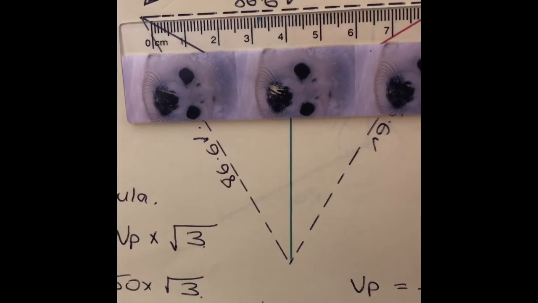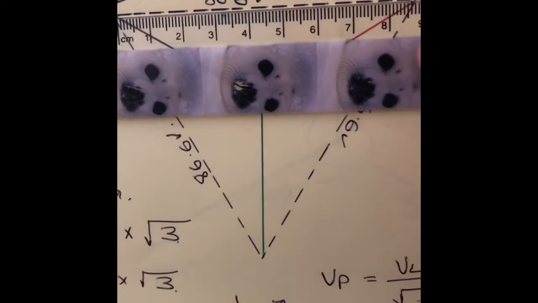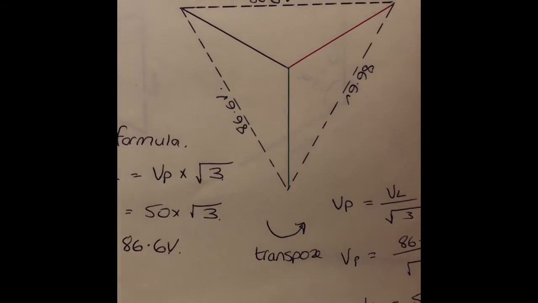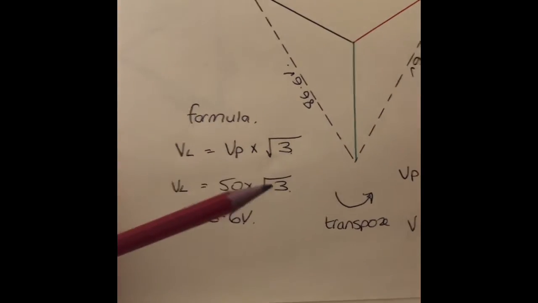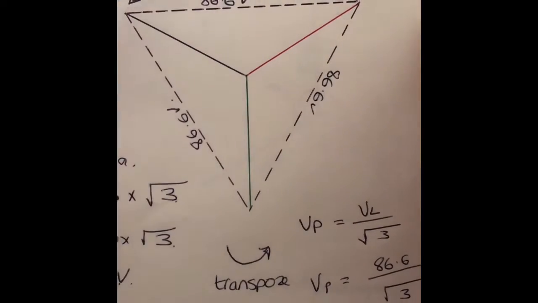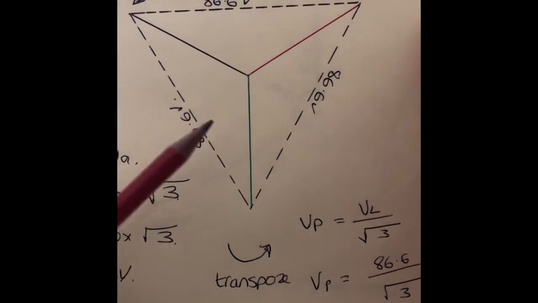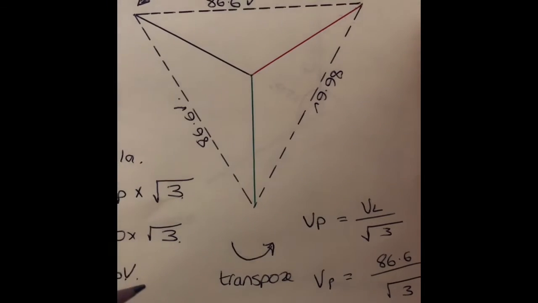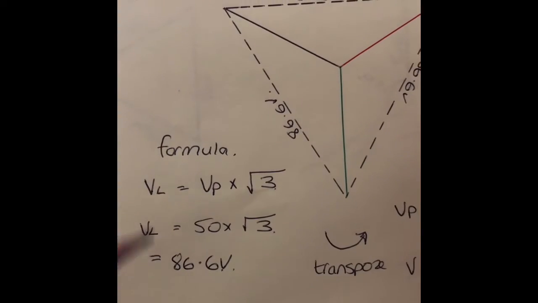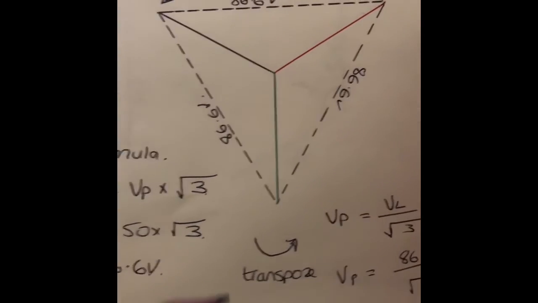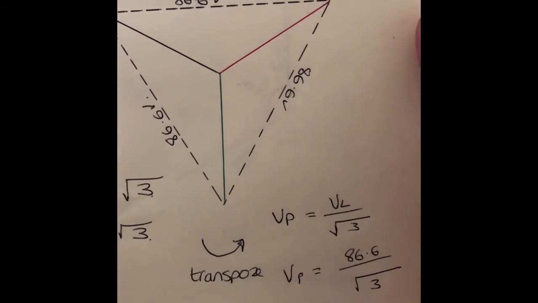Hopefully you can just make that out there. I'm just trying to make sure that you can see that it is possible to do the calculations, but we can also draw this out as long as we have a protractor and a ruler. We can actually mark this out and measure it just to make sure that our formulas are working correctly and we understand the process.